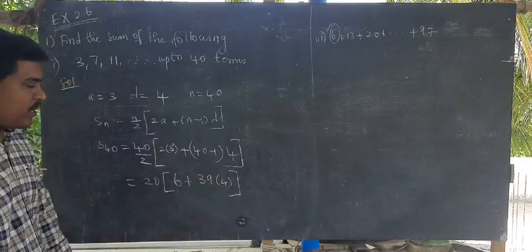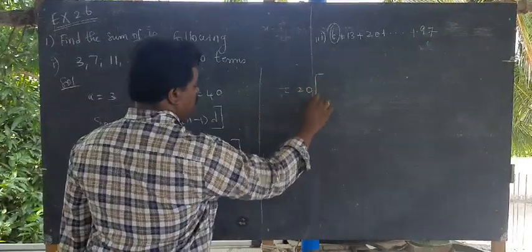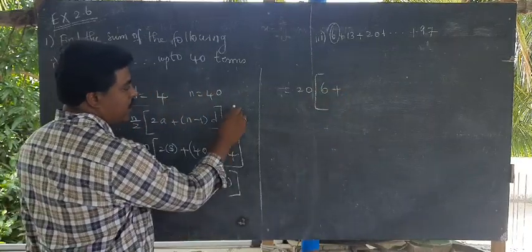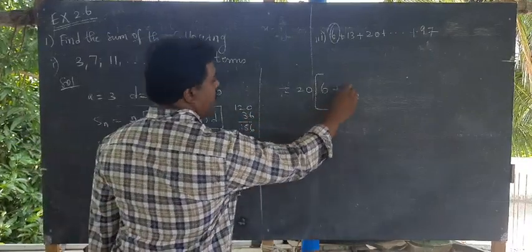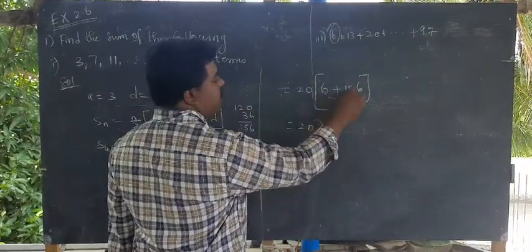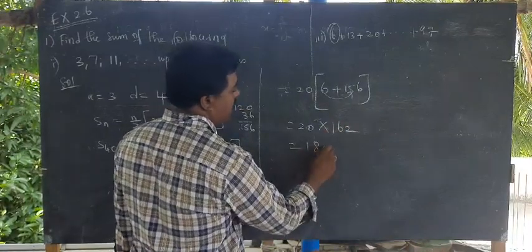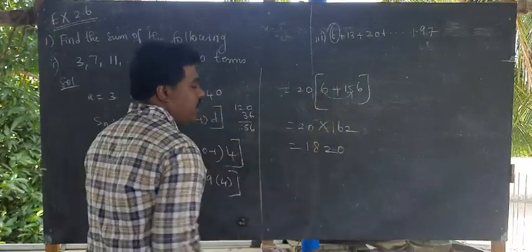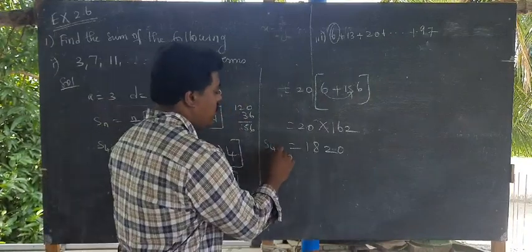This will be enough. 39 into 4: 30 into 4 is 120, 9 into 4 is 36, so 156. 26 plus 156 is 182, times 10, so the final answer is 1820 for 40 terms.